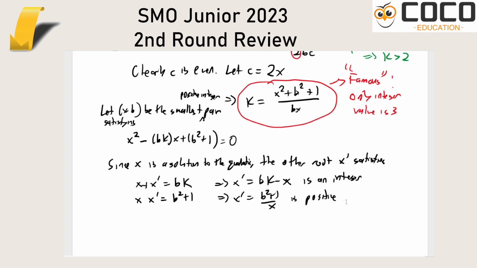Which means that my new root gives me another pair. So x prime and b also satisfy the equation here. And so it is not the smallest pair. It has to be at least as much as x.